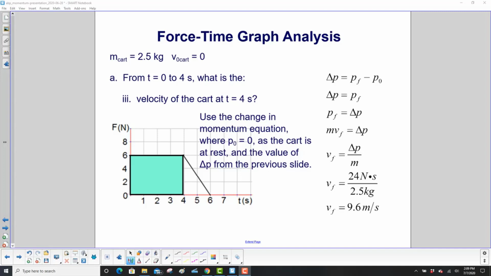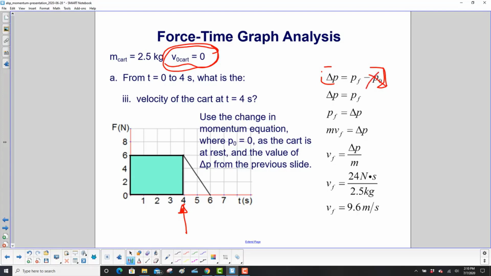Now we want to find the velocity of the cart at 4 seconds, right over there. We'll use the change in momentum equation. And what's our initial momentum? Well, we look up here where we have our givens. The initial velocity of the cart, it was at rest, so we translated at rest into 0 velocity. So our initial momentum will be 0, okay? So here's our change. Here's our initial momentum.